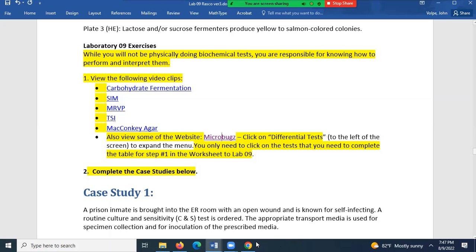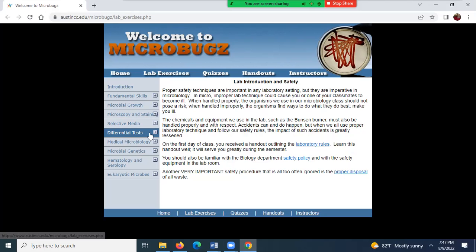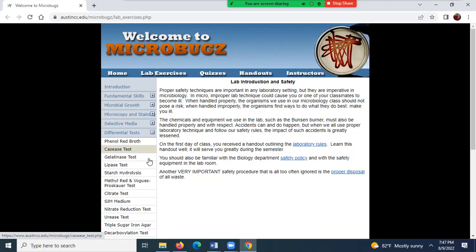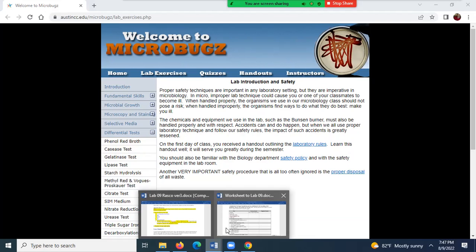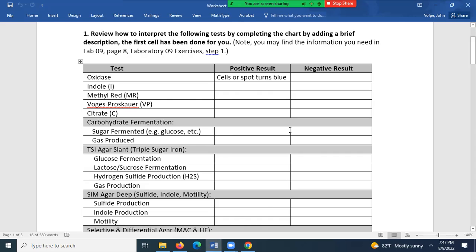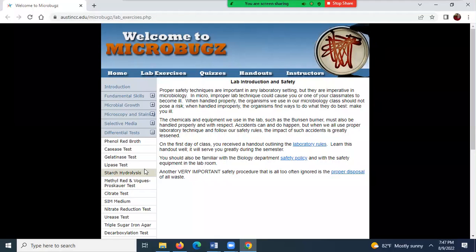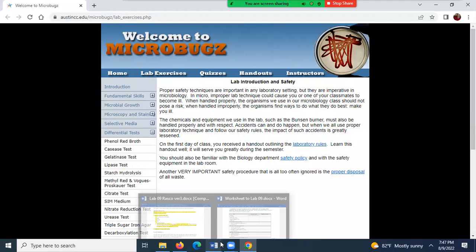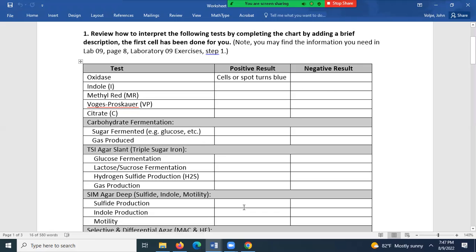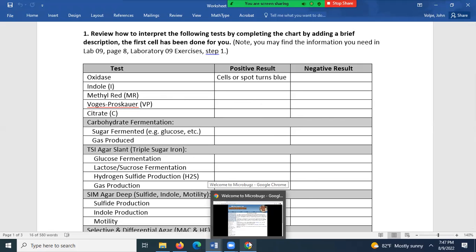Click on the differential test. You only need to look at the tests you need to fill in the information for this worksheet. So if there's one, like the lipase test, you don't need to look at it because we don't have anything on that test on this worksheet. Any questions about any of that?